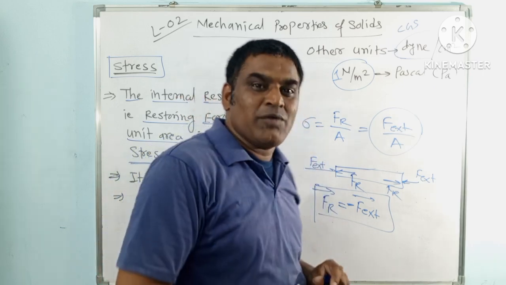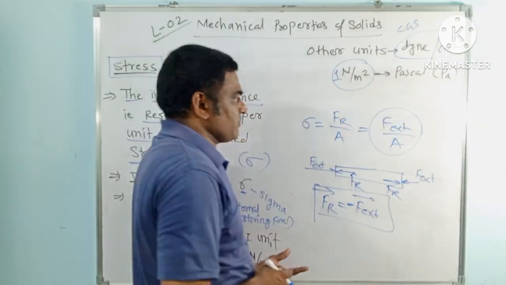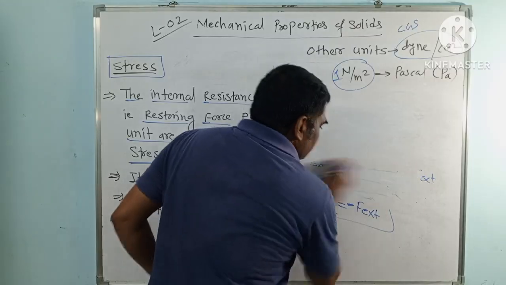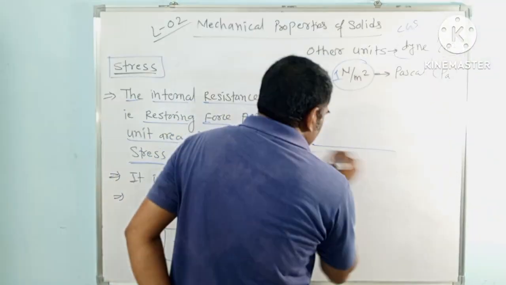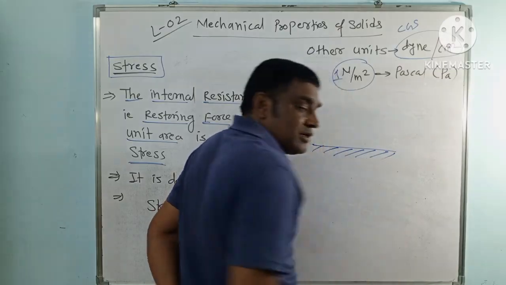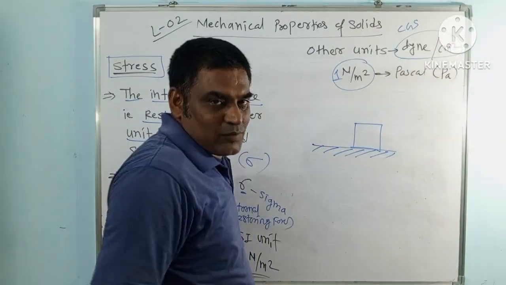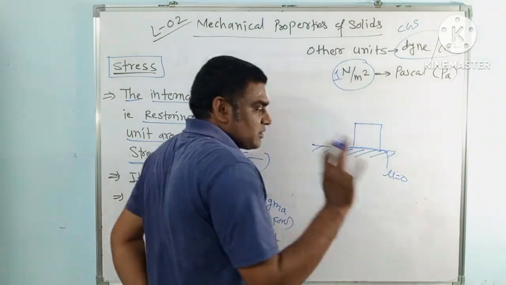Now, one simple question I want to ask. Note this. Suppose this is one surface, and here this is one body. This is a smooth surface. Okay?